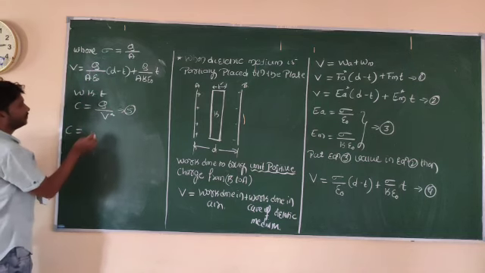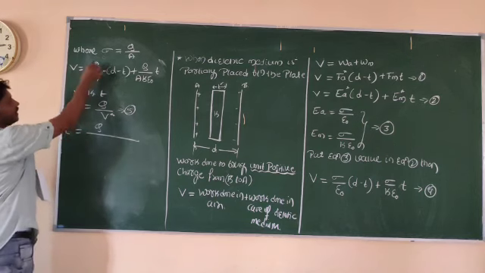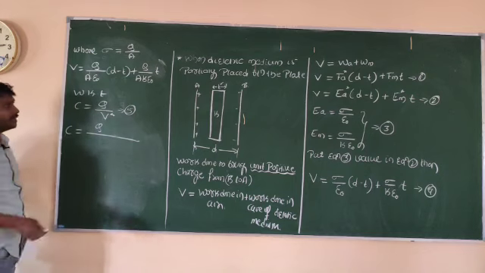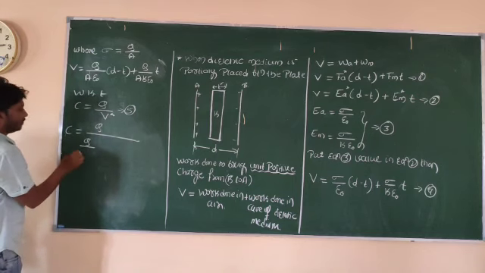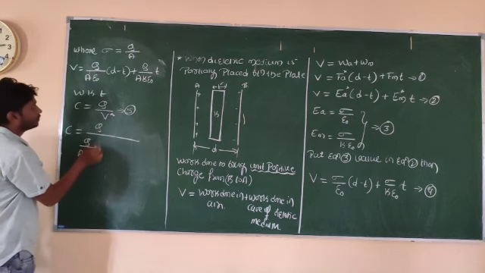If I do like so, Q divided by epsilon naught A into epsilon naught, common term or constant term here. So common I will take Q divided by A into epsilon naught.